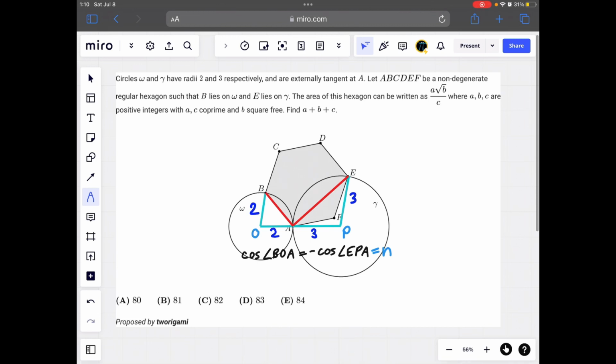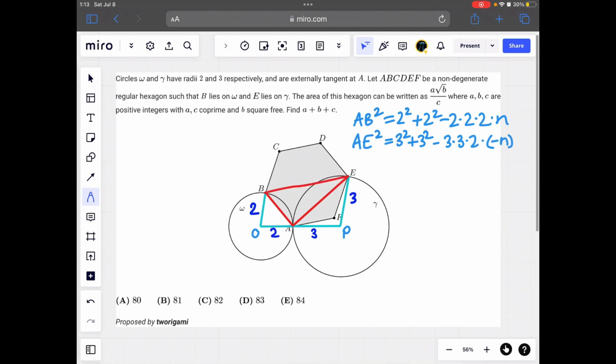From triangle BOA, we have AB squared equals 2 squared plus 2 squared minus 2 times 2 times 2 times n. But from triangle EPA, we have AE squared equals 3 squared plus 3 squared minus 3 times 3 times 2 times minus n. By regular hexagon properties, triangle BAE has angles of 30, 60, and 90 degrees.